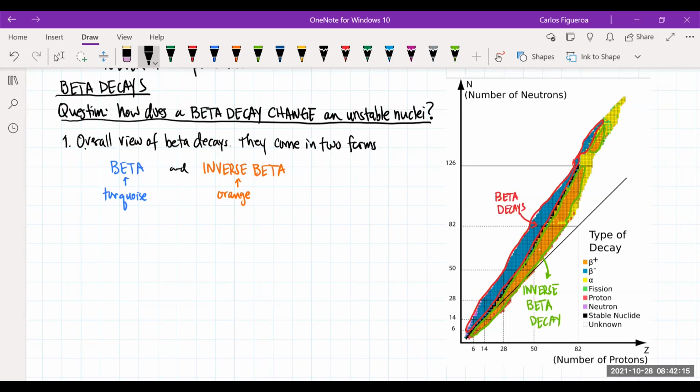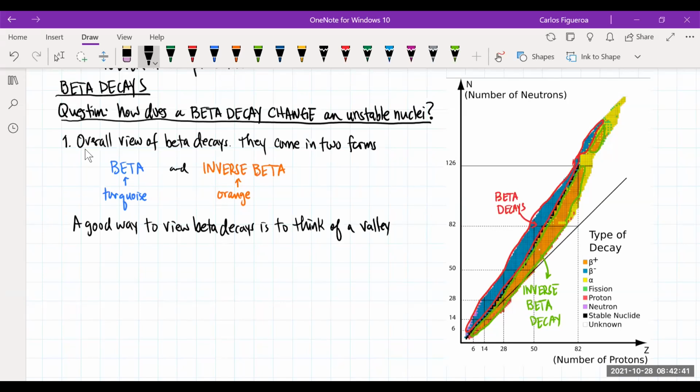And this is the view I want you to think about. A good way to view beta decays is to imagine a valley.